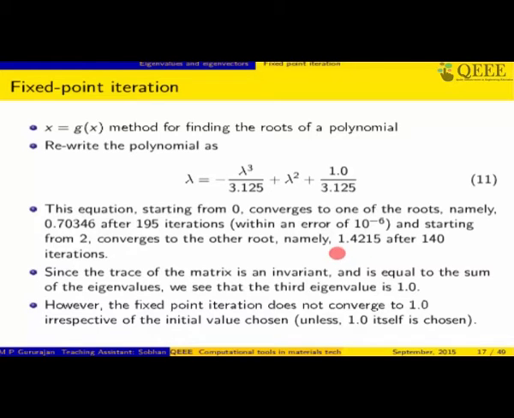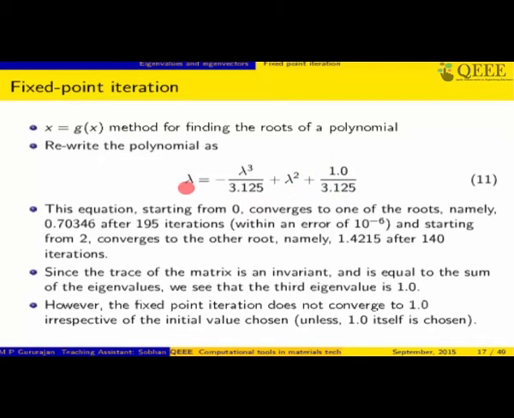So the third eigenvalue should be 1. But you can't get from this particular form of fixed point iteration the eigenvalue of 1 unless you use the eigenvalue of 1 itself as the starting point. Of course, if you put 1, then it is 1, and this is a minus 1 by 3.125, and this is plus 1 by 3.125. So this gets cancelled.